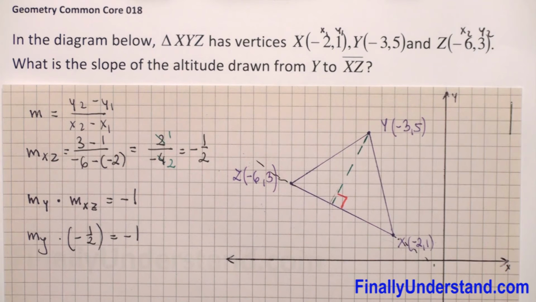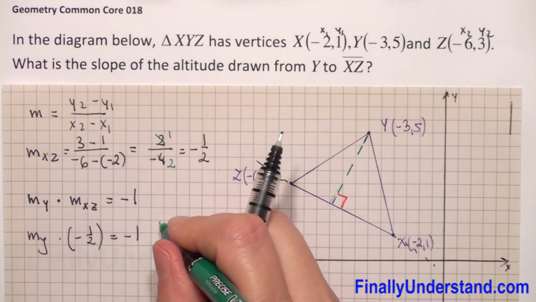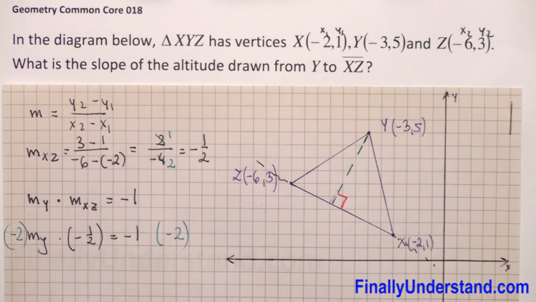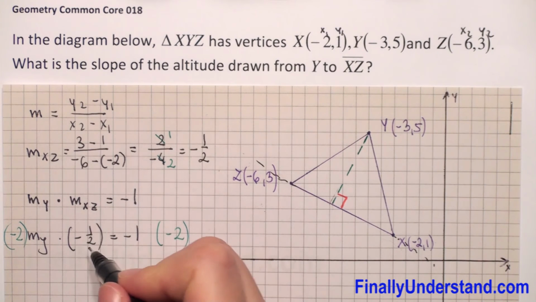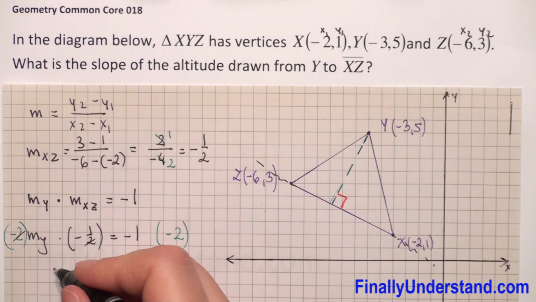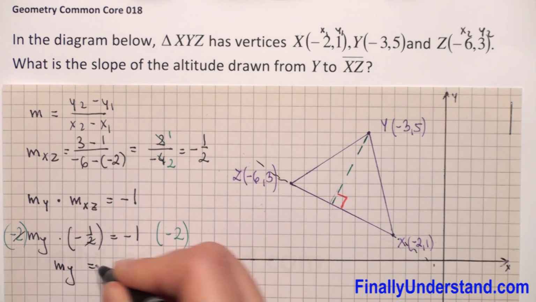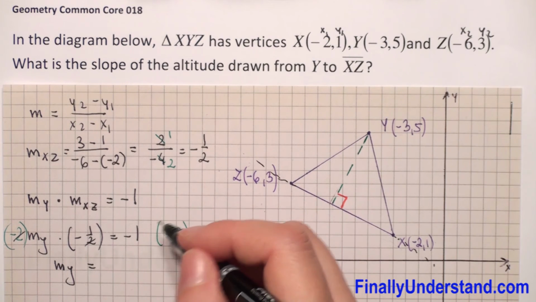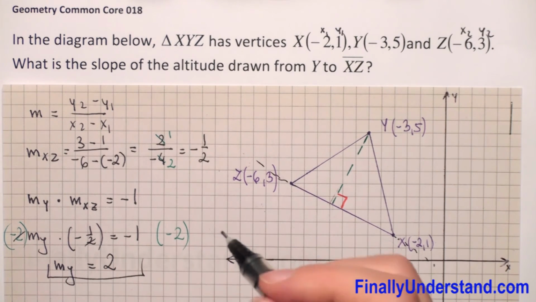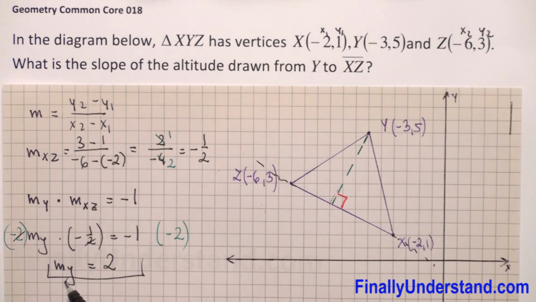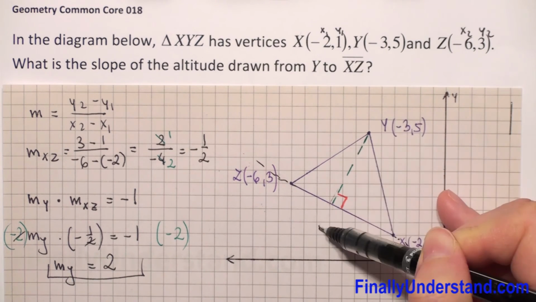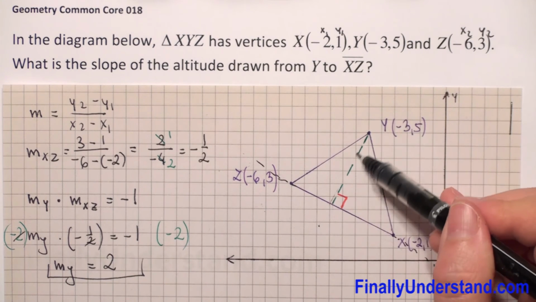Now we will multiply both sides by -2. So 2 and 2 will reduce. Negative times negative gives me positive. So we have m_Y equal to -1 times -2. So this is 2. We found the slope of m_Y. This is our m_Y line.